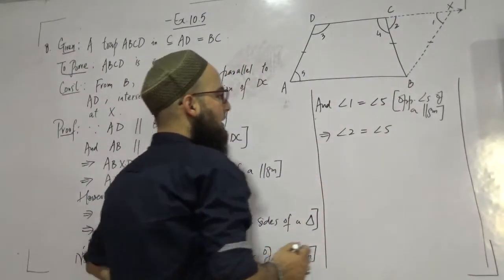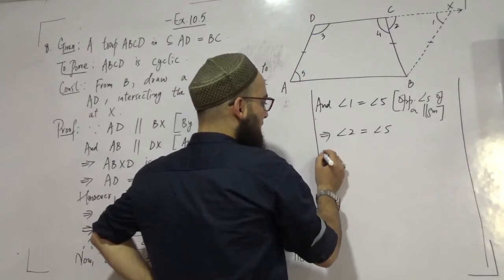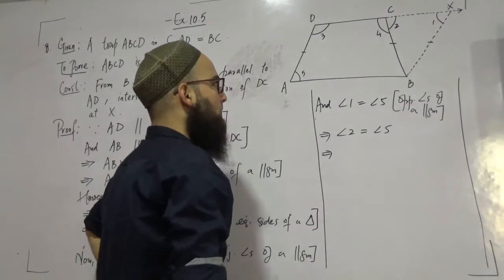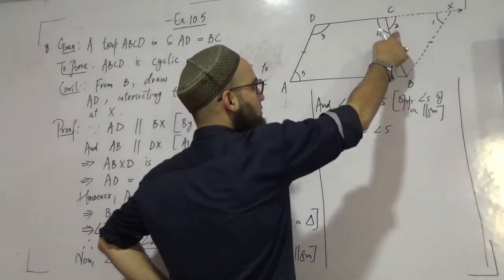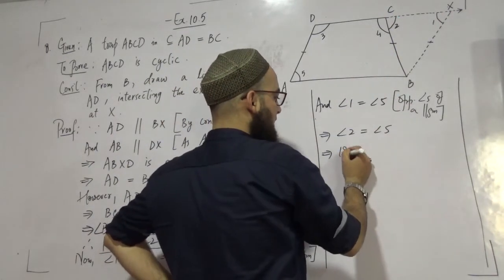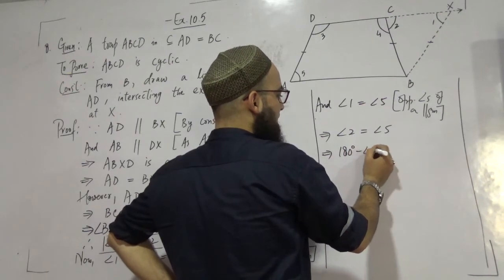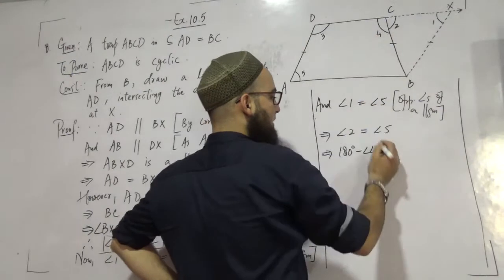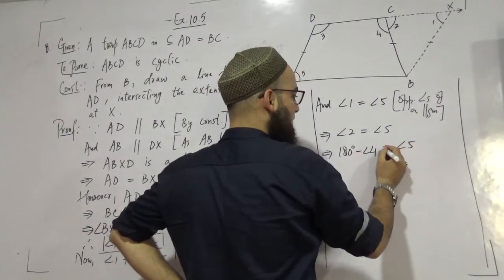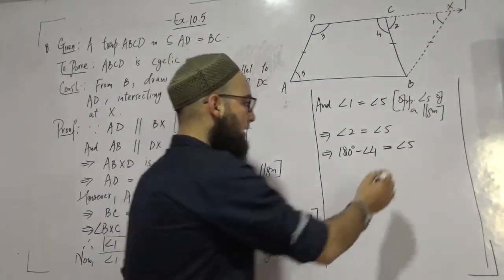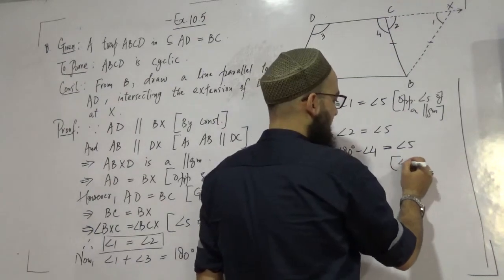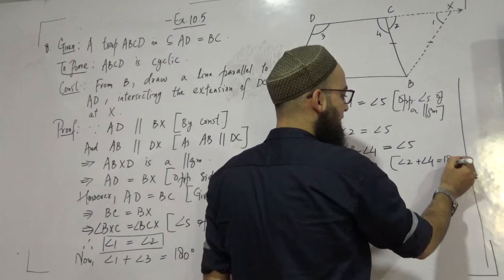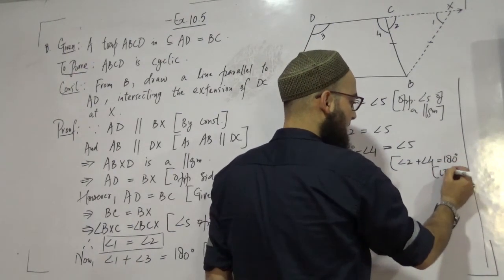Now angle 2 is equal to angle 5. But I can say one thing: angle 2 is nothing but 180 minus angle 4, because angle 2 plus angle 4 is 180 degrees. That is a linear pair.